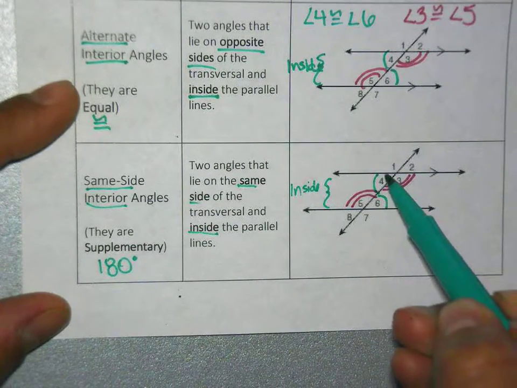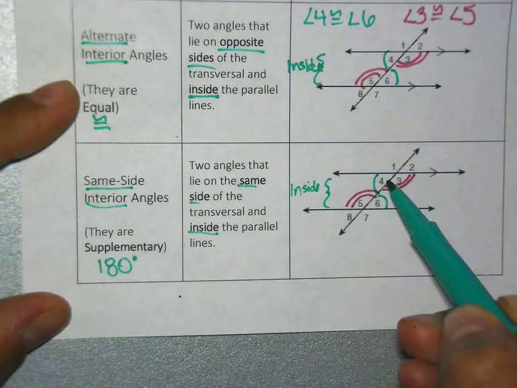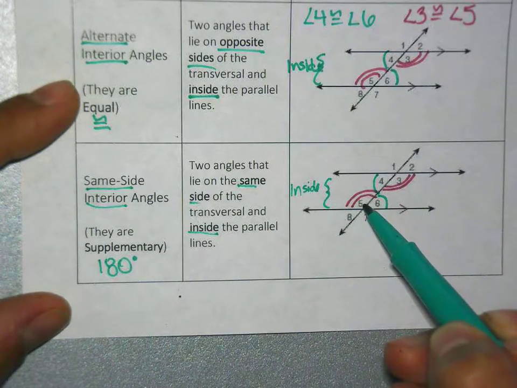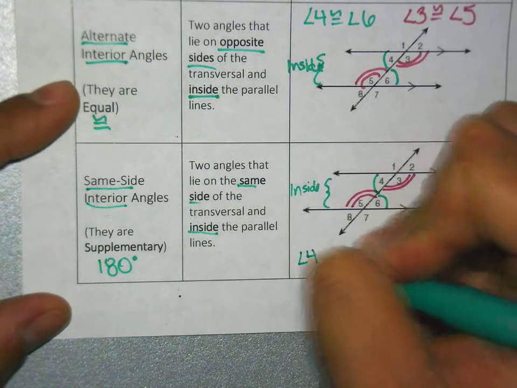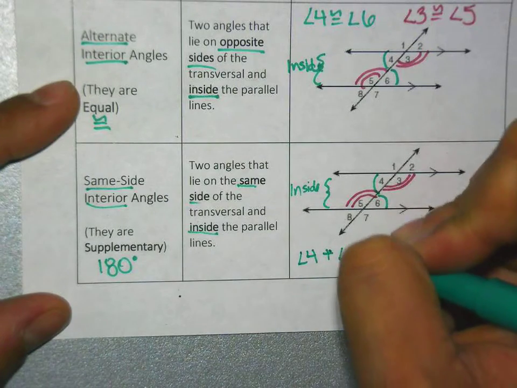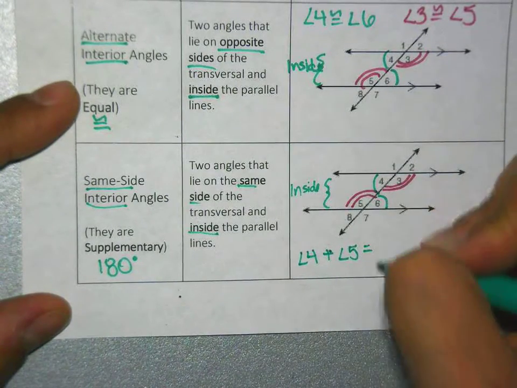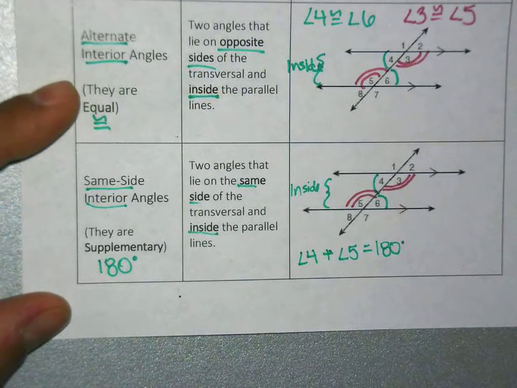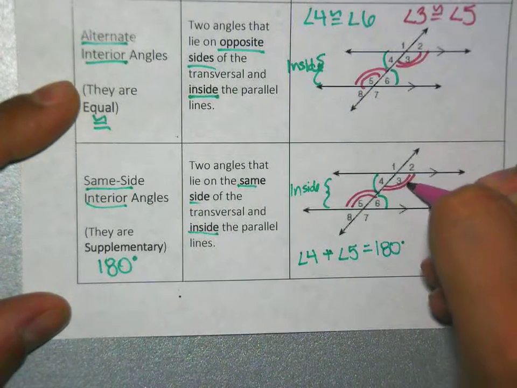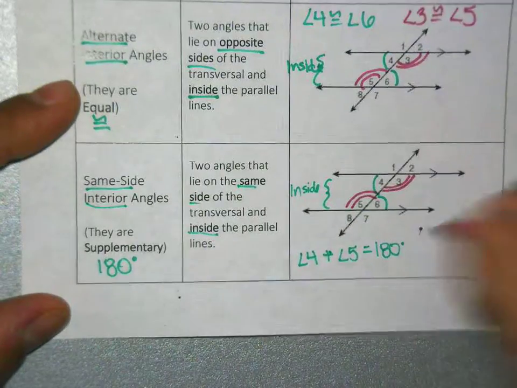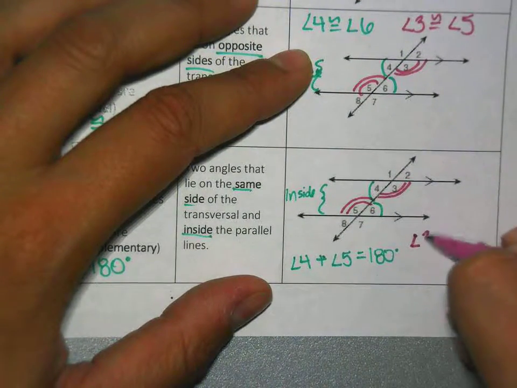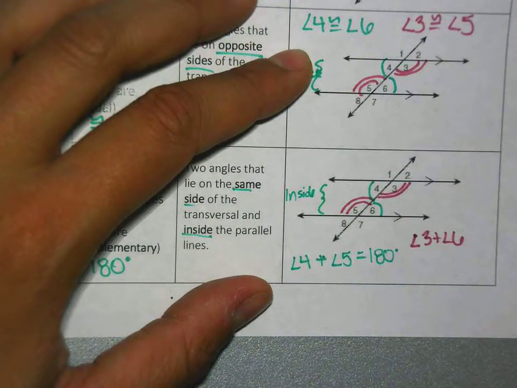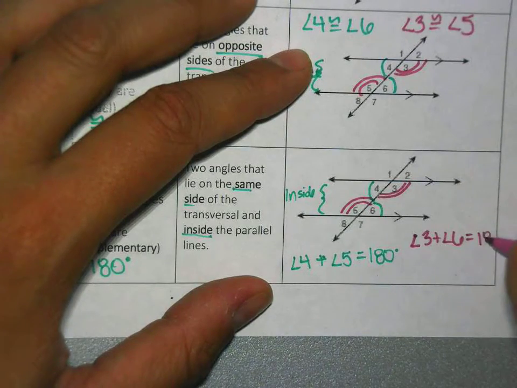So we're going to say that angle 4 added to angle 5 would equal 180 degrees. Likewise, if we added angle 3 and angle 6, they're also going to add to 180 degrees.